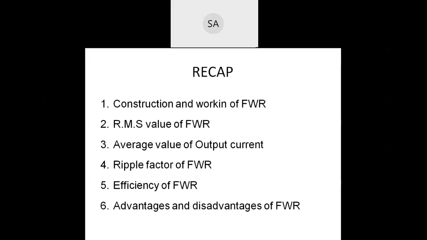The efficiency is twice that of the half wave rectifier, which is 81.06 percent. The peak inverse voltage of the center tapped full wave rectifier is also twice that of the half wave rectifier, which is 2 Vm, because both diodes are considered. These are the topics we discussed in the last lecture.